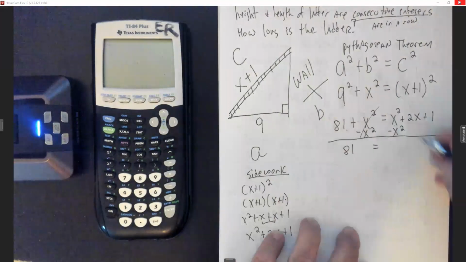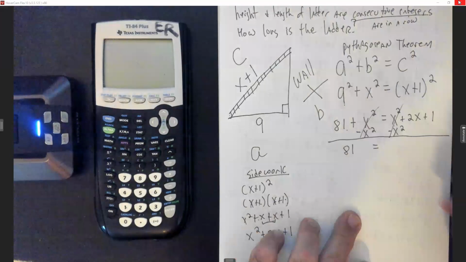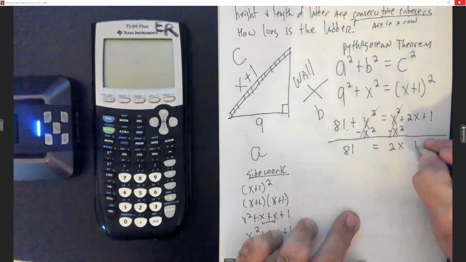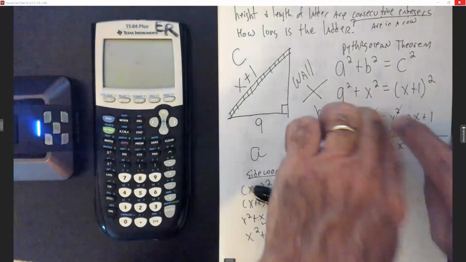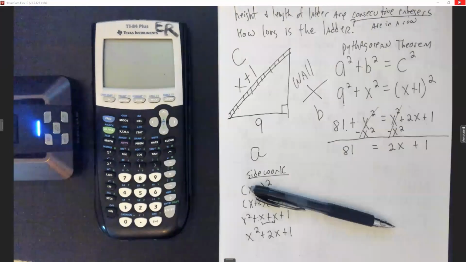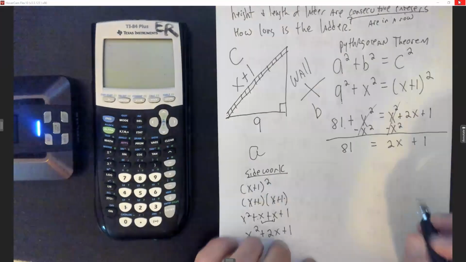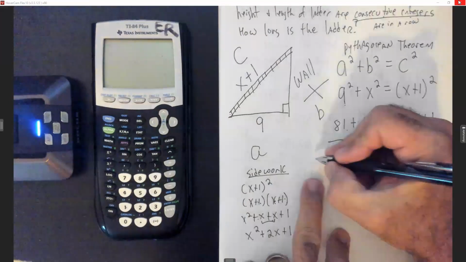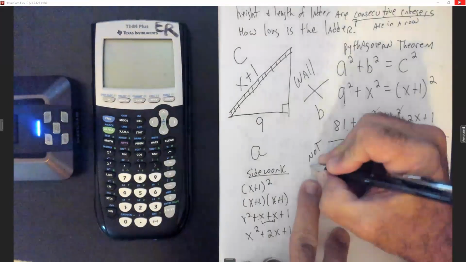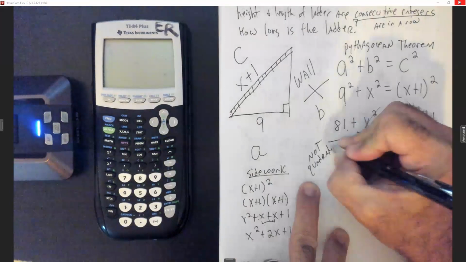So all that's left is the 2x plus 1. Check this out: anytime you have positive x squareds on both sides, they're going to cancel out when you try to rearrange this. So now this is not even quadratic anymore.